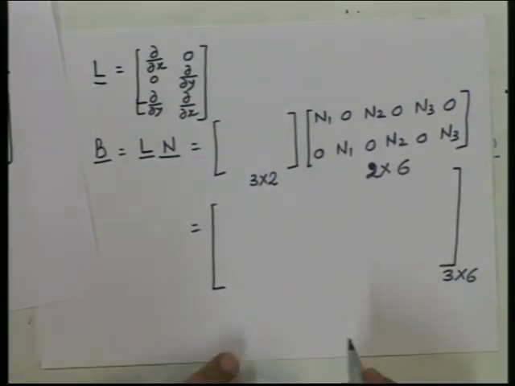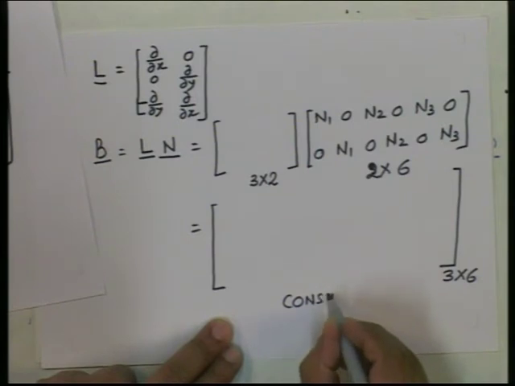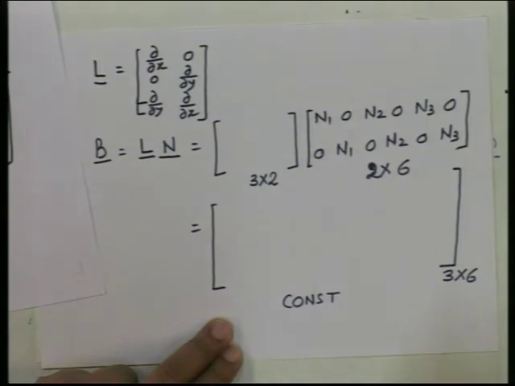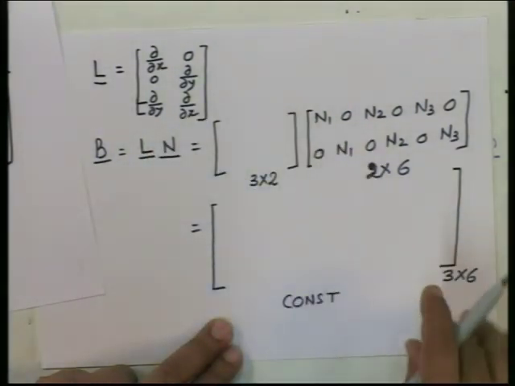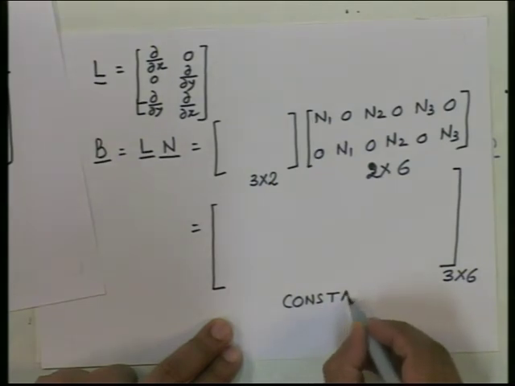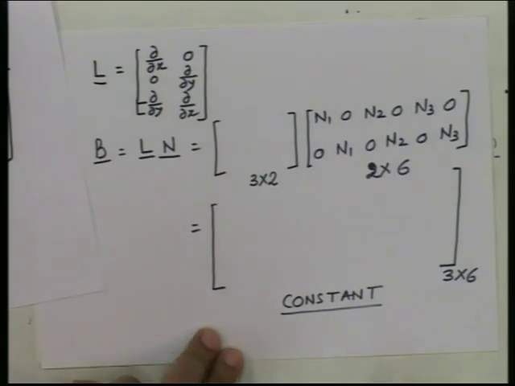And this will be a constant. I have already shown that since strain is constant, the B matrix has to be constant. It is a long way to show this, but if I show it like this, your B matrix will be independent of x and y. You can derive this, you can check it.